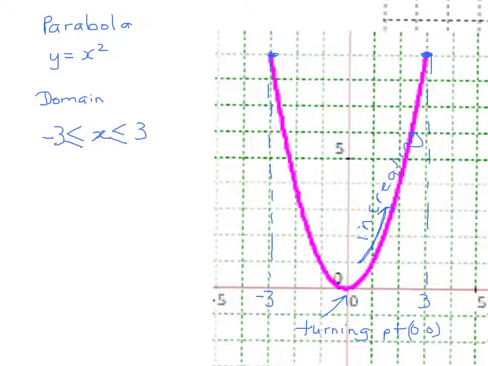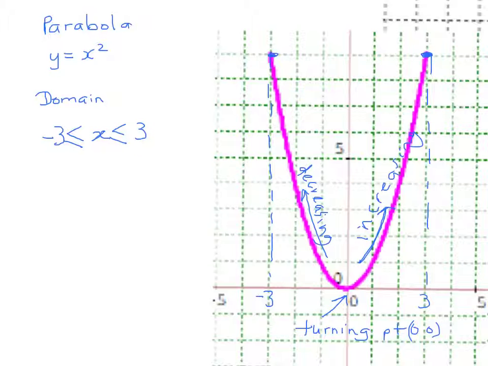Increasing when x is greater than 0, and this is decreasing in this way here. Decreasing when it's going on that kind of diagonal, it's decreasing. So those are the features of that graph.